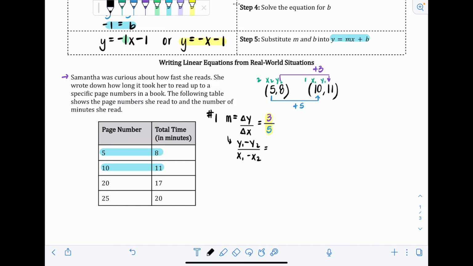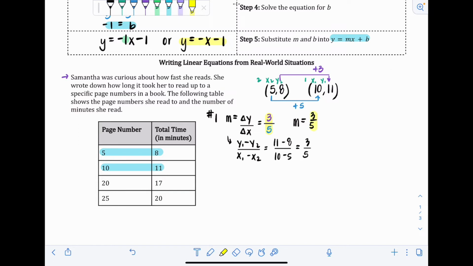And then from there, y1 is 11 minus y2 is 8 over x1 is 10, x2 is 5. So it'd be 11 minus 8, which is 3, over 10 minus 5, which is 5. So the point of that is you get the same thing either way, so you can decide which one you like better. Either way, our slope m is 3/5.